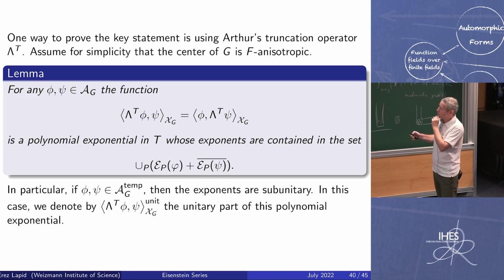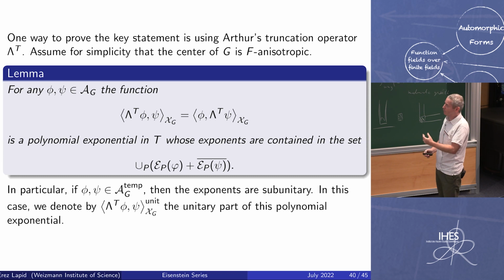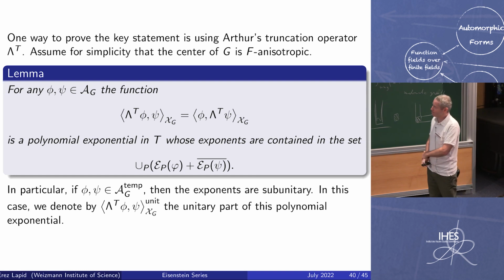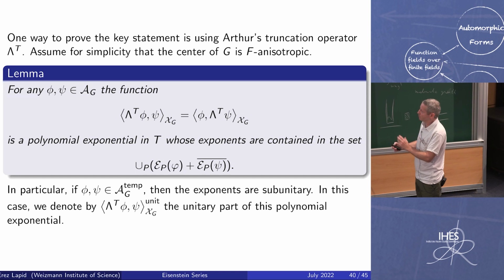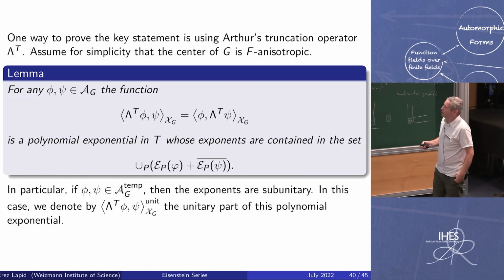And the Arthur truncation gives you a function of rapid decay. So it's meaningful to integrate it against any function, basically. And what you get is a polynomial exponential, again, and the exponents are governed by the exponents of phi and psi. So that's some basic operation of Arthur. And again, in the tempered case, the exponents are subunitary.